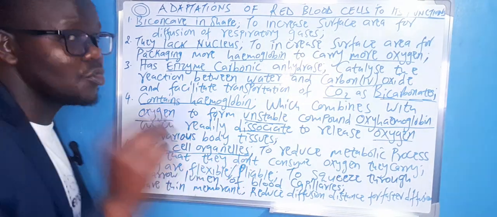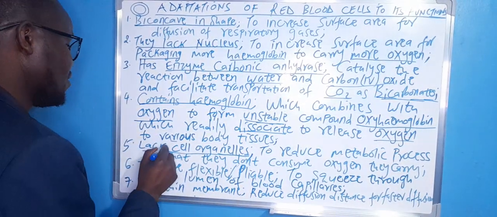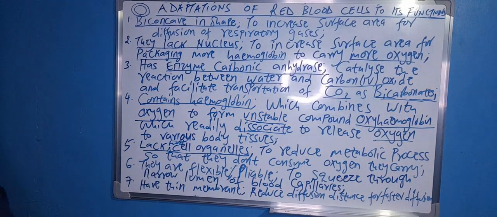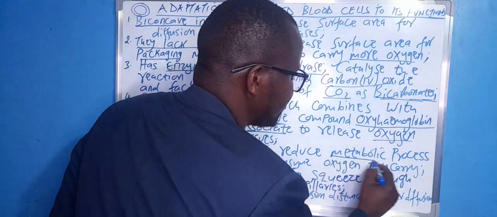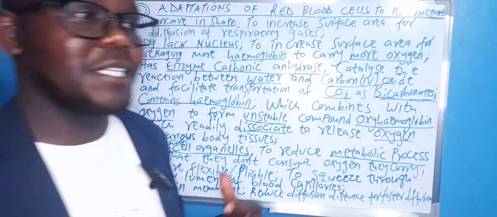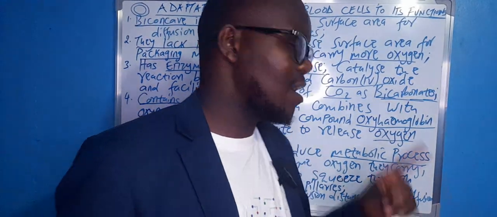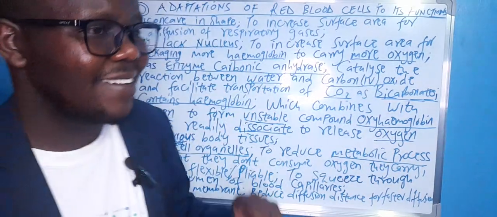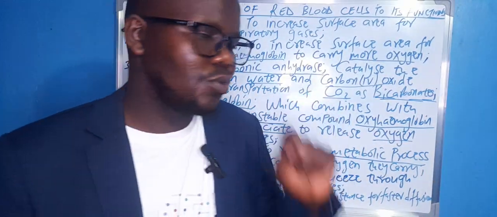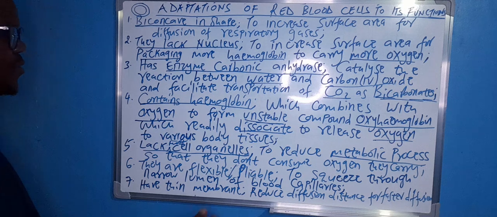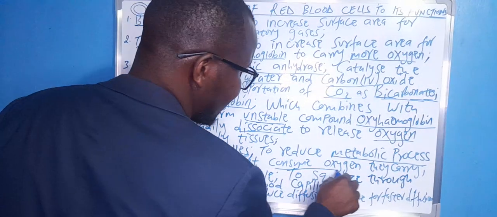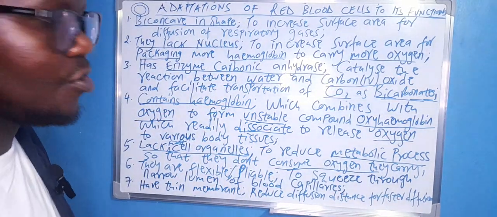Then we have number five, they lack cell organelles. I'm saying they lack most of the cell organelles, if not all. And the main reason is to reduce metabolic processes. You should understand we have various metabolic processes within the body. If these metabolic processes increased, they would require respiration, and they would use oxygen. So they reduce metabolic reactions, which means they will not be consuming the oxygen that they will be carrying or transporting.